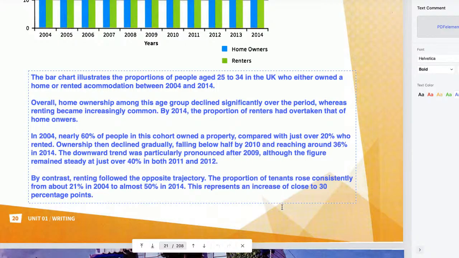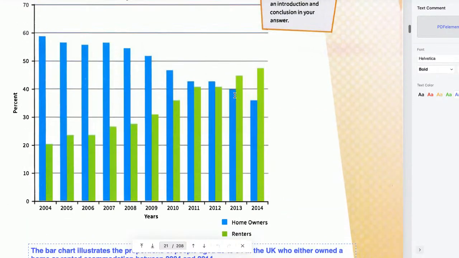You see that it went up all the time. When did it start growing very fast? Starting from which year? Yeah, somewhere starting from 2009, right?